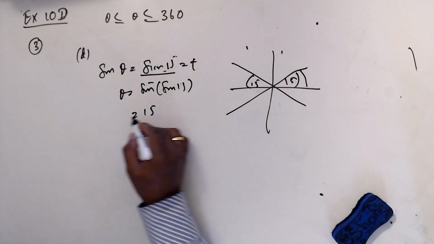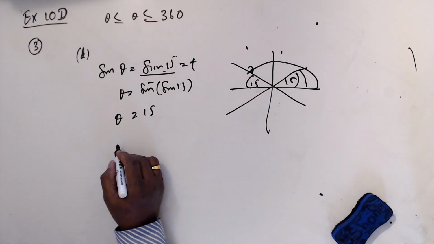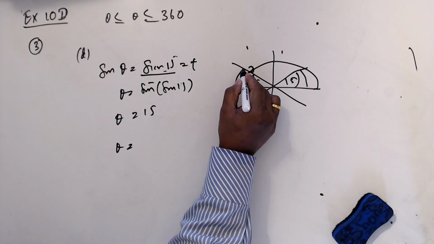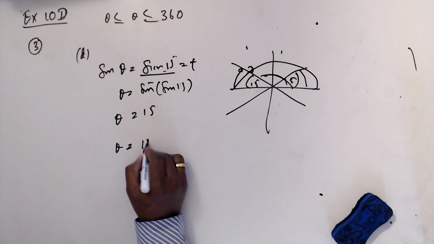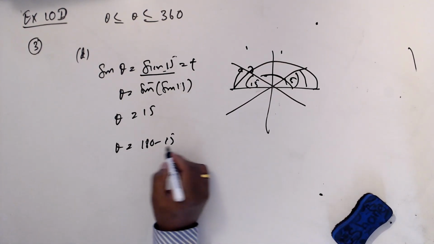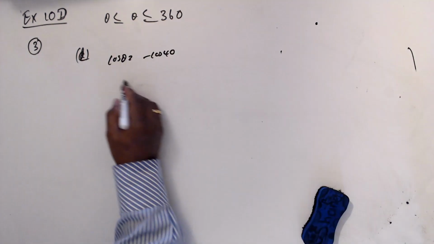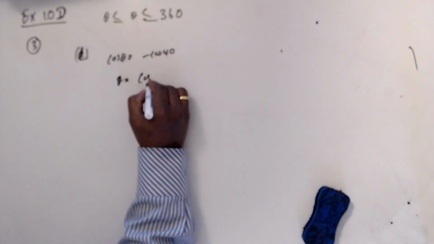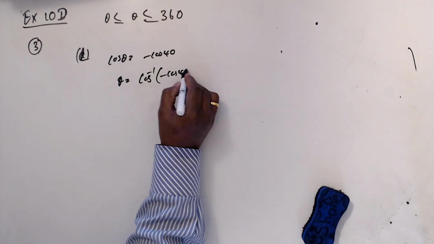So one angle is theta equal 15, the other one is theta equal 180 minus 15, which is 165.